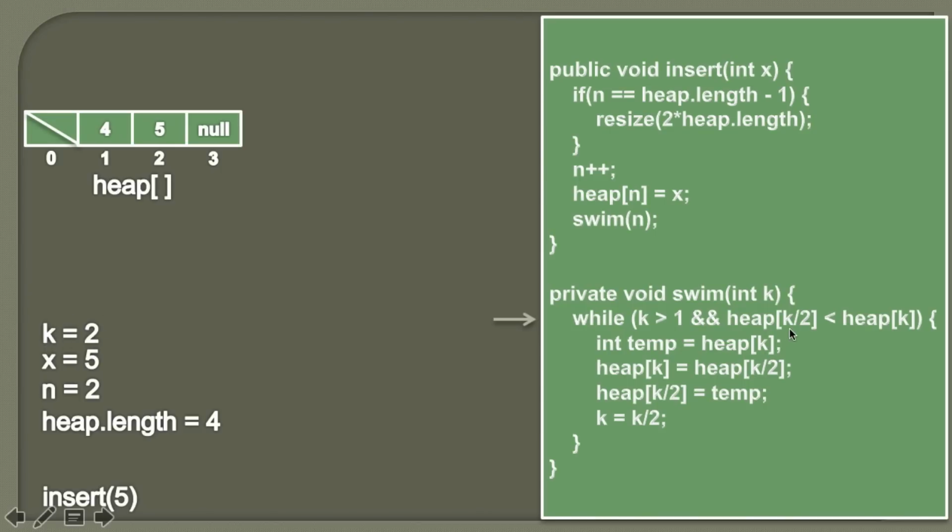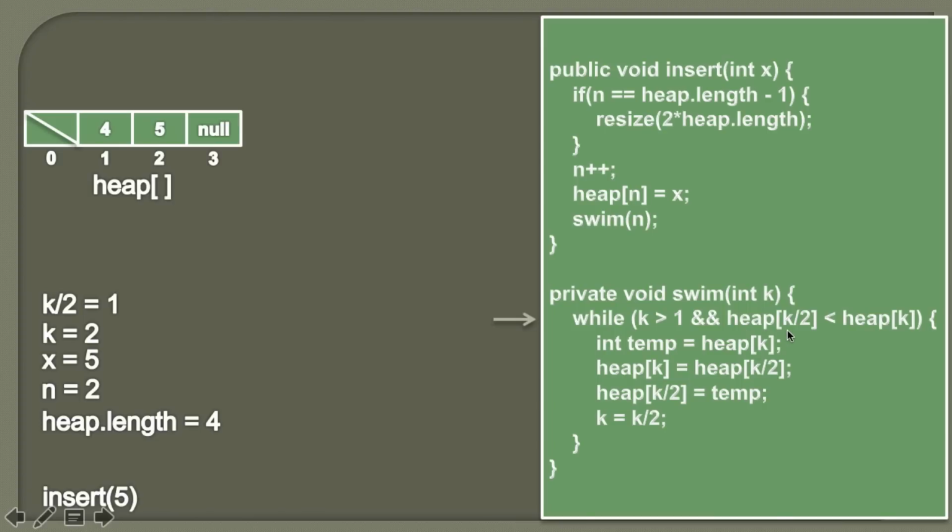In our previous tutorial we also discussed that in order to calculate the parent of any index, we simply do k by 2. And why are we doing this k by 2? Because we need to compare this newly inserted value with its parent. Here the value of k is 2. If we do k by 2, we'll get 1, which signifies that 4 is parent to 5.